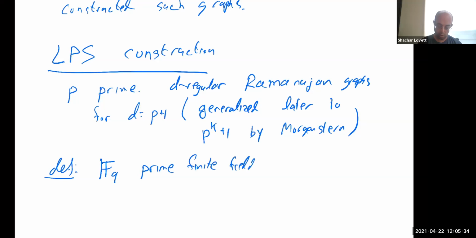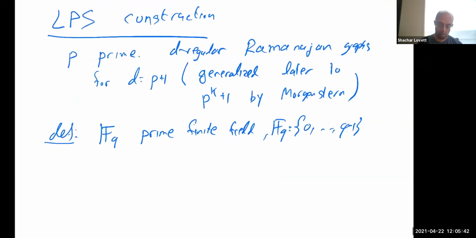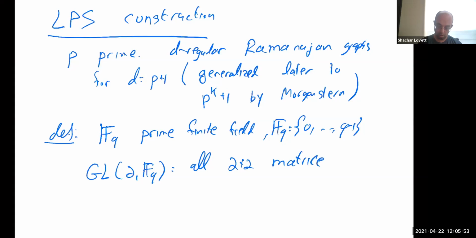So just all the numbers from 0 to q minus 1, modulo q. And GL2(F_q), that's called the general linear group. That's going to be all the 2x2 matrices over F_q which are non-singular.